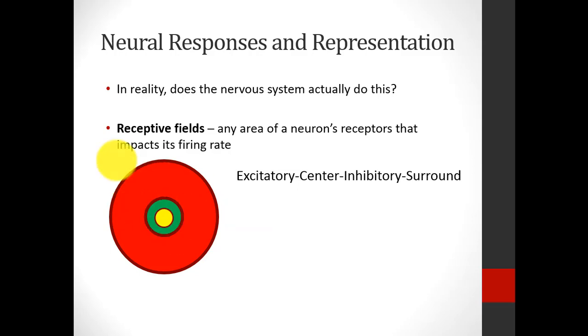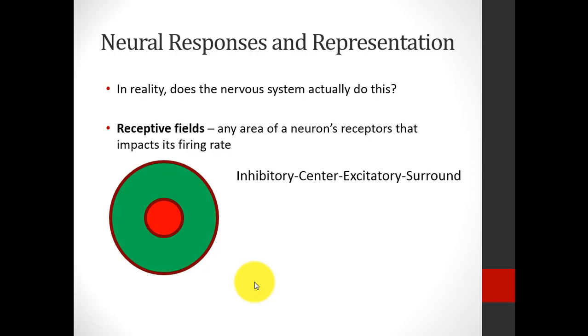Now, if it hits right in the middle, you might see a spike in the amount of activity as long as that stimulation is in the excitatory center. If it hits the excitatory center, it's going to increase above a particular level. When we move it into the inhibitory, it's going to decrease below a particular level. So that's the excitatory center, inhibitory surround structure.